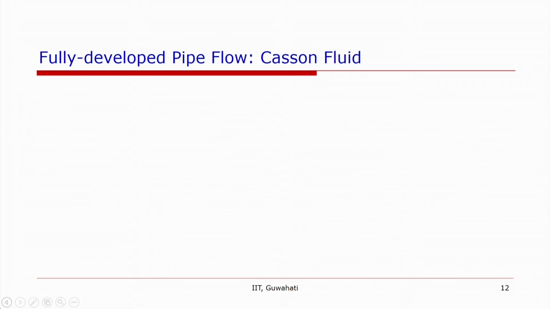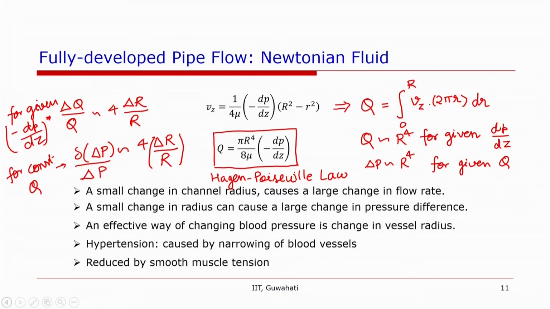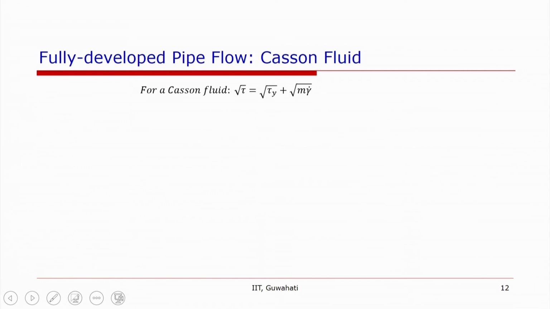Now, having looked at the flow of a Newtonian fluid in a circular channel, let us consider the case of a non-Newtonian fluid. We will consider the flow of a Casson fluid. Why Casson fluid?